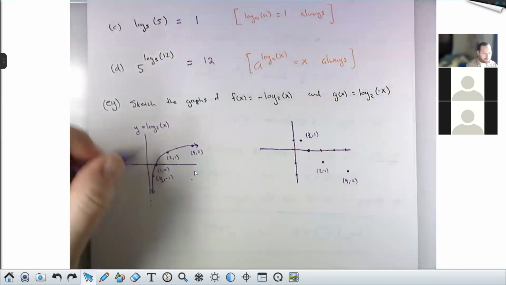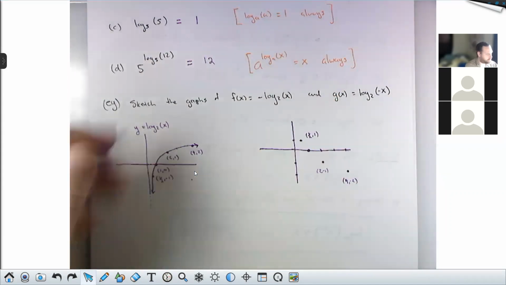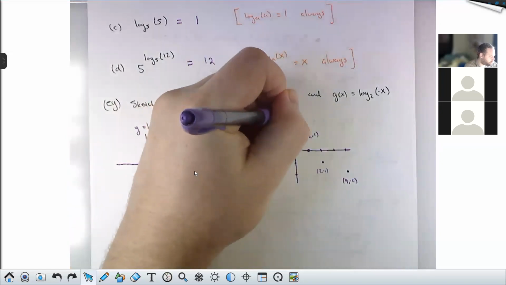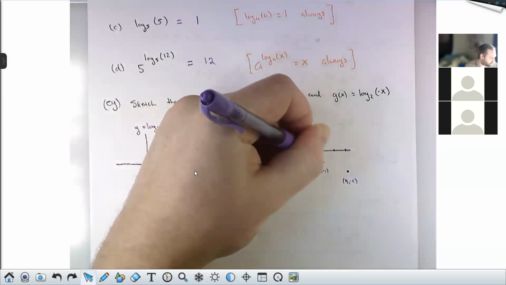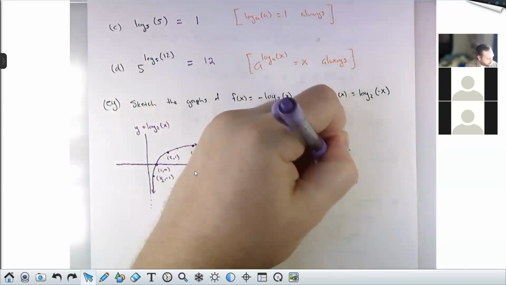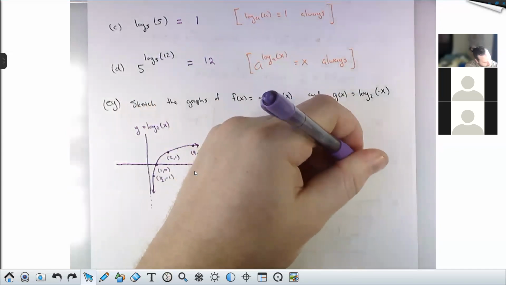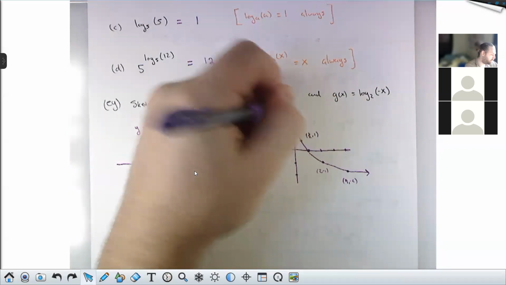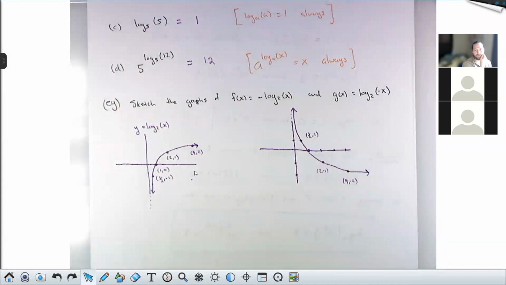My vertical asymptote stays x equals 0, but now I approach it up here. And this graph looks like this. So we've flipped the graph over vertically, and this is what we get.